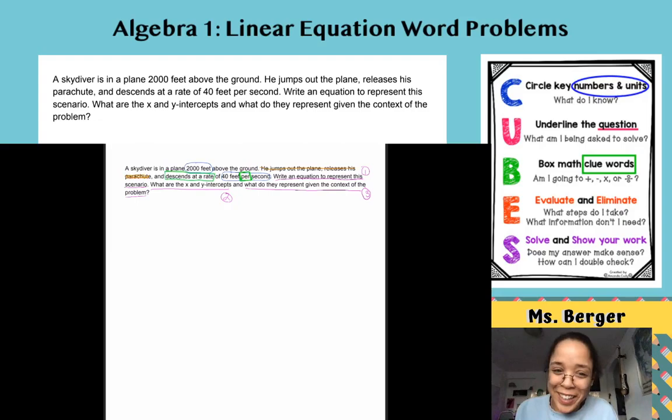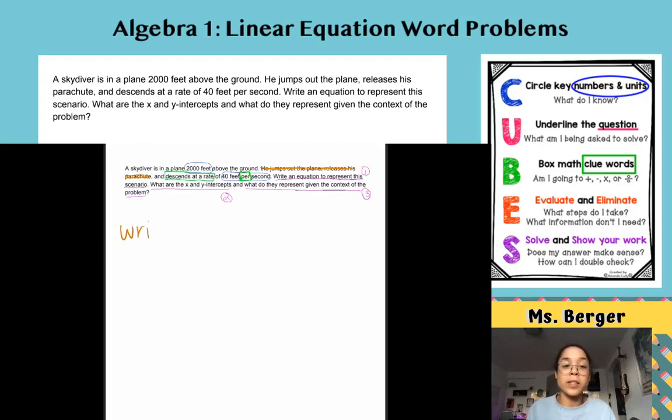Now I want to evaluate and eliminate. So I'm eliminating this extra fluffy stuff that doesn't really tell me too much about my math problem. And as far as evaluating, I'm going to list the information that I need and have.